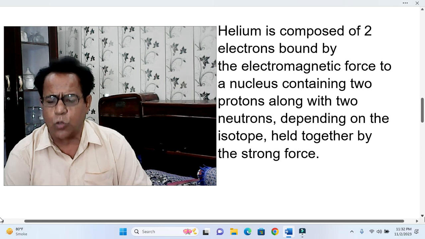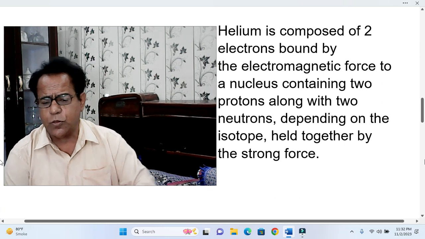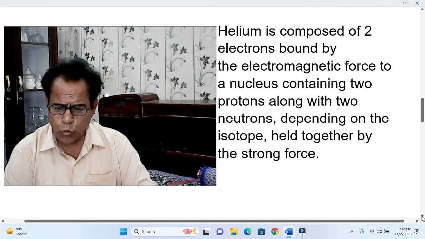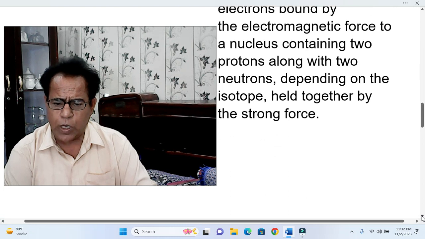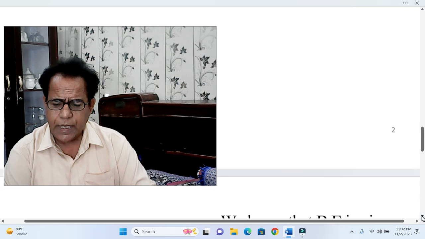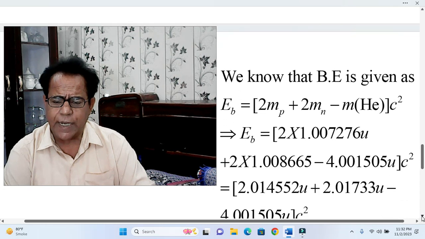Two electrons, two protons, two neutrons: the helium configuration. Okay, we know that.